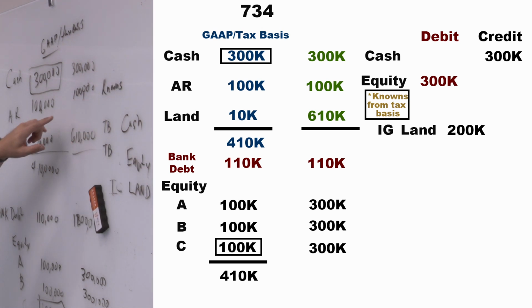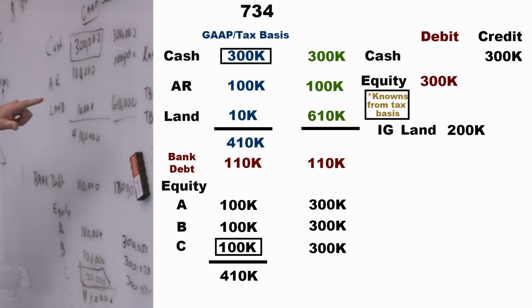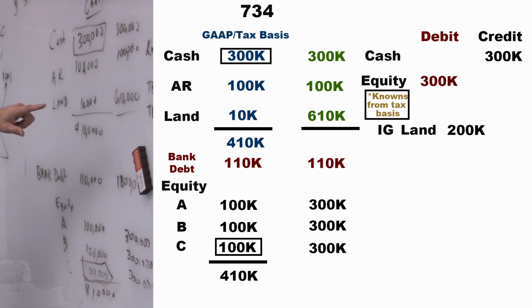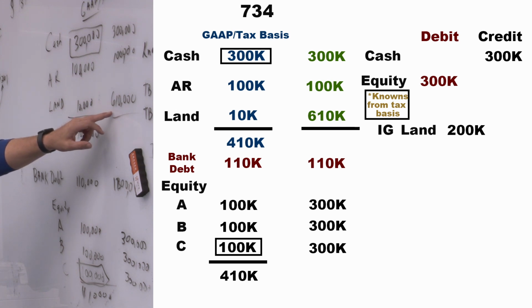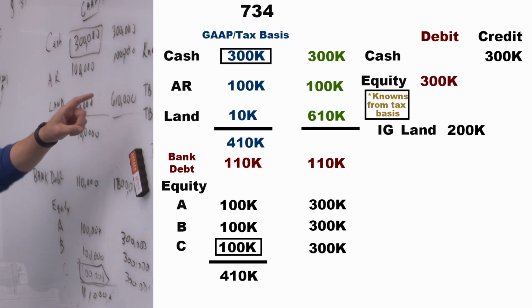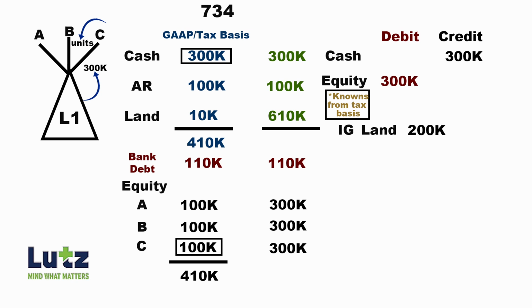If I have $100,000 of basis and $100,000 of fair value in my AR, there's no gain or loss on that asset. If I have $10,000 of basis in my land and $610 of value in my land, then my inherent gain in that land is $610.